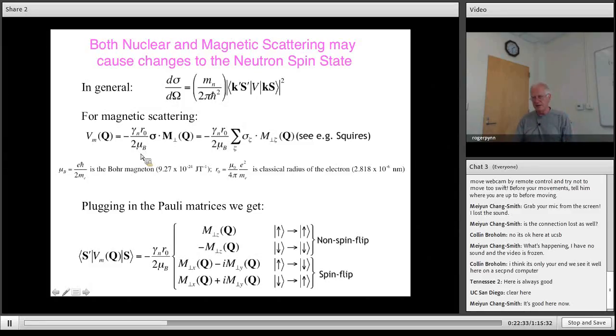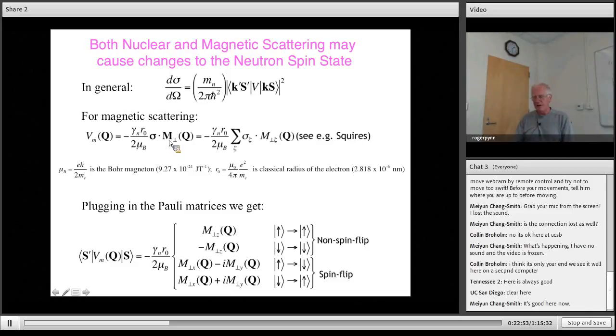And then the thing that you see here is a dot product of the Pauli spin matrix, that's the one I introduced on the first view graph, dot producted with this thing here, which is denoted m perpendicular of q. What is m perpendicular of q?